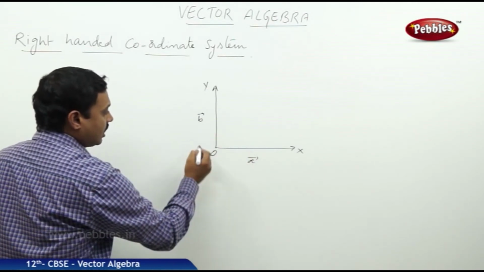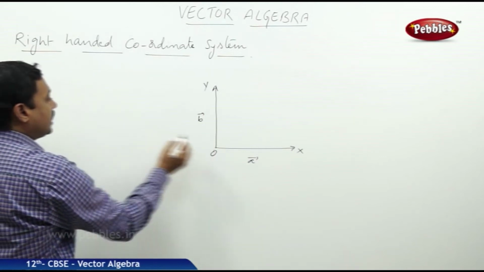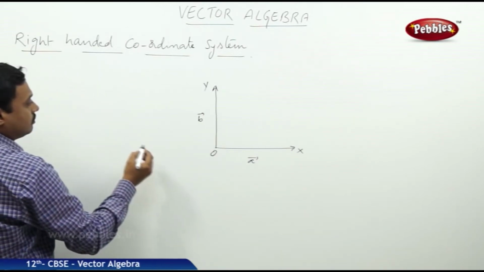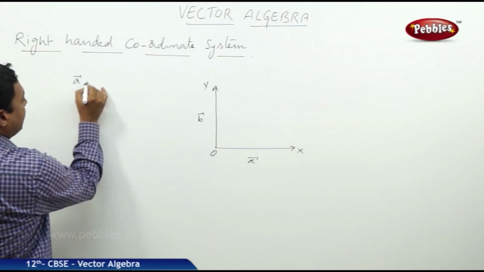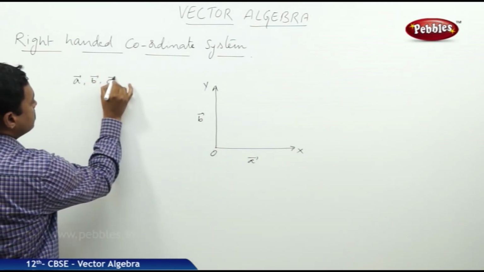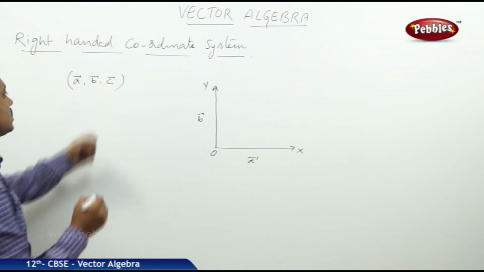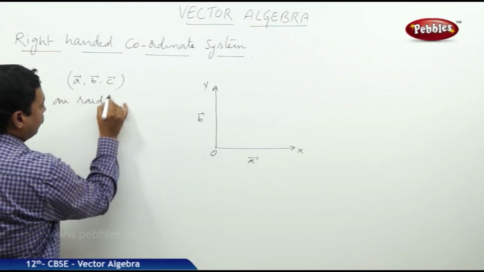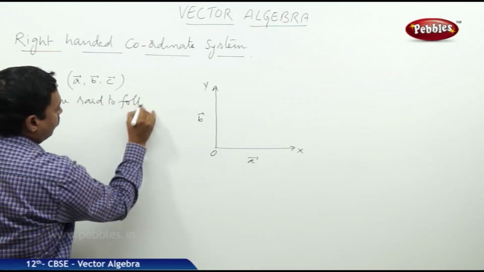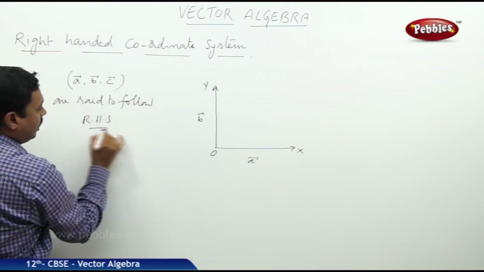Let that vector be c bar. Now we can say that the system of these vectors a bar, b bar, c bar is said to follow the right-handed system, RHS.